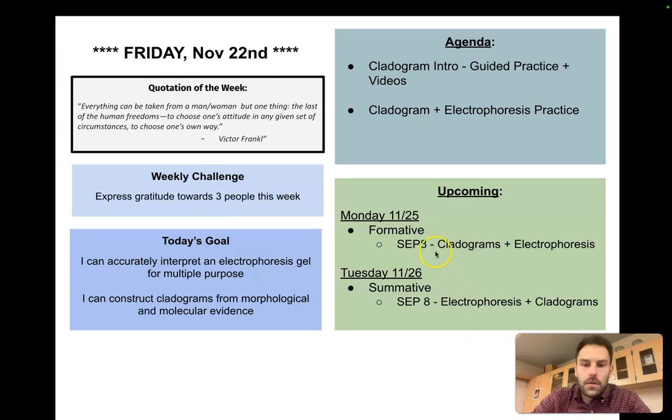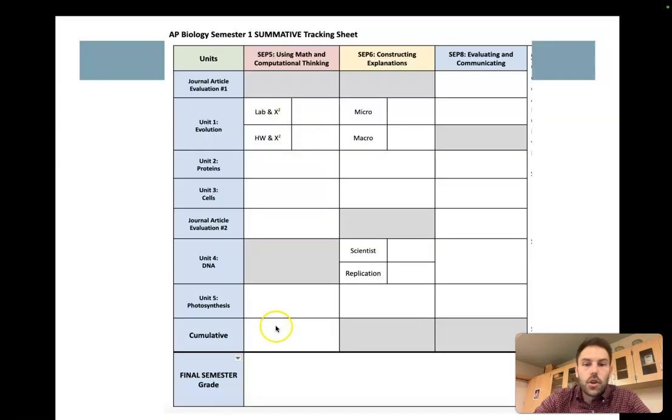So one other thing I wanted to do is show you guys visually the tracking sheet here. I know nothing's changed in terms of what I've communicated to you all. It's 7 scores per category, right? But at least this gives you a little bit of a visual. This is the one that I'm going to be grading this weekend that we took earlier this week on replication and cell cycle. And then this is the one that's going to be on the Tuesday right before Thanksgiving break.